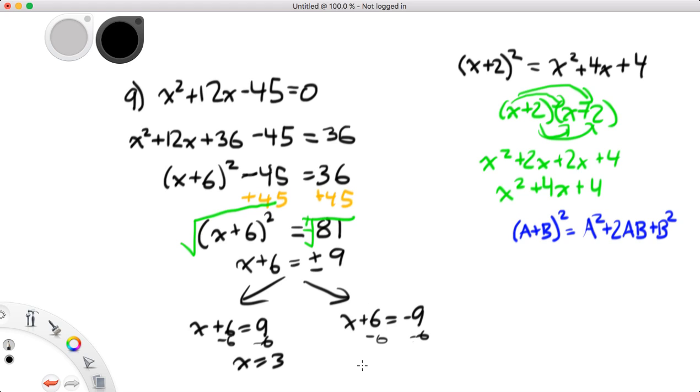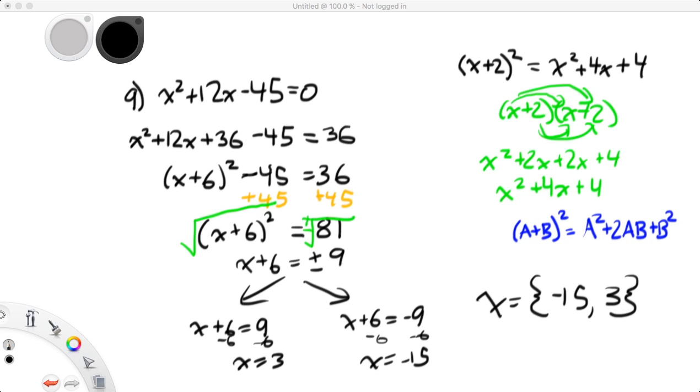Okay? So if I want to complete the square, I've got to keep my x squared, I've got to keep my 12x, and then I've got to add to it, remember what that number was? 6. I'm going to square the 6, which means 36. I've got to keep the minus 45.